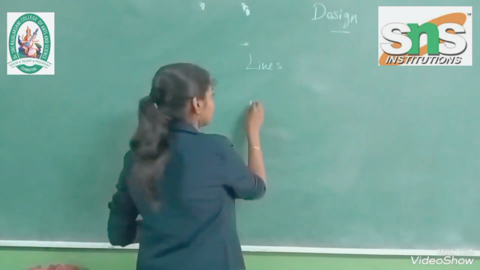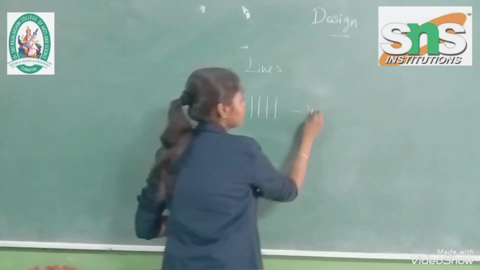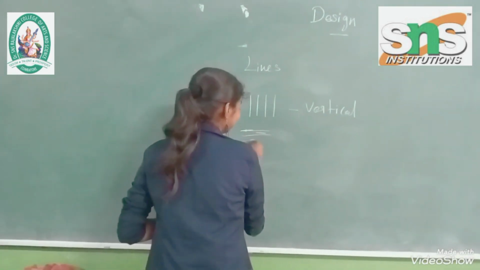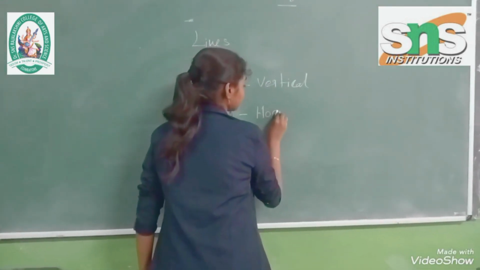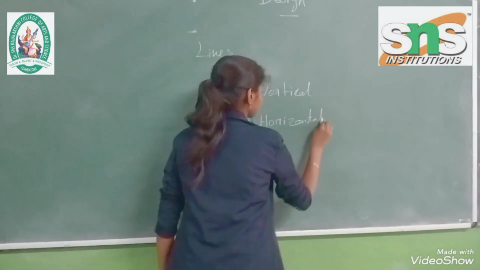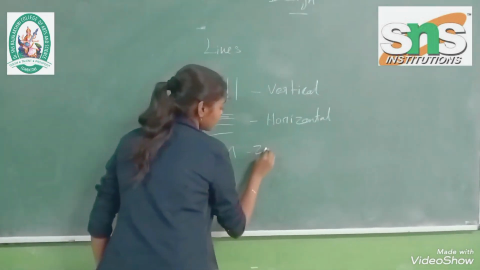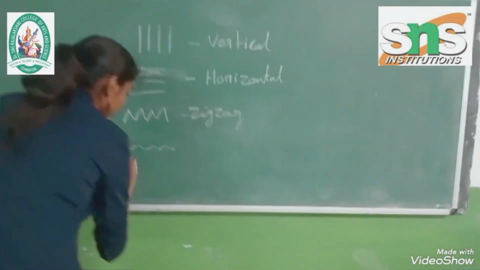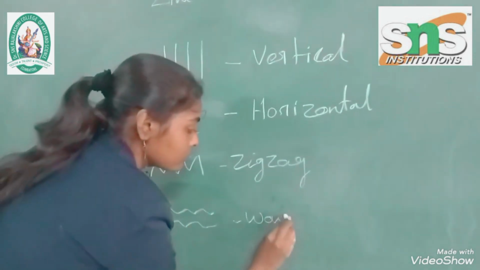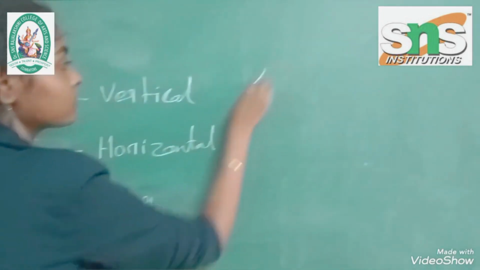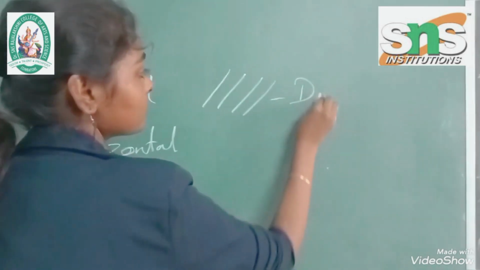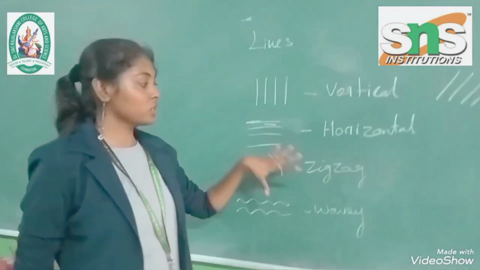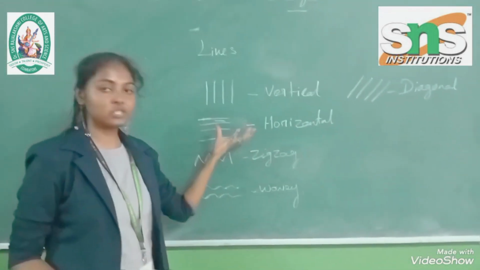So the types of lines are vertical, horizontal, zigzag, diagonal, wavy and curved. These are the basic lines we use in a garment to create a visual or structural effect.